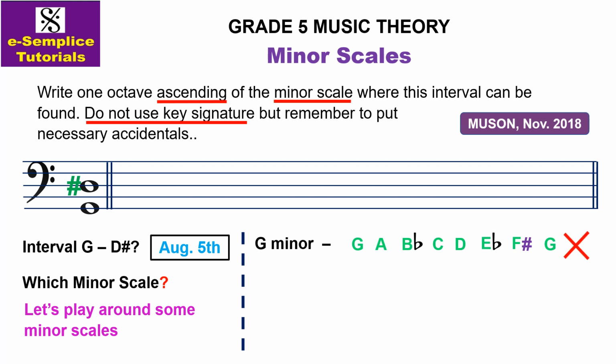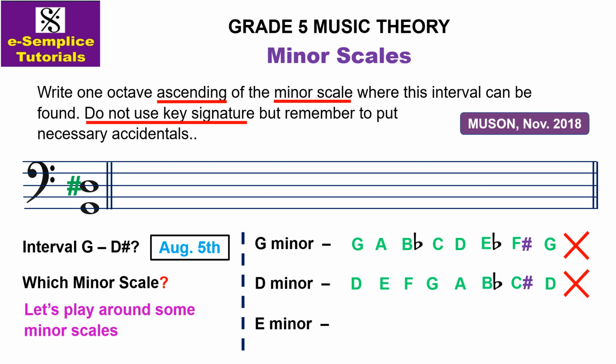Of course not. So this is a wrong guess. Well, I would like to try D minor. As usual, D to D, natural key signature accidental, and I'll raise the 7th note. Do I have G to D sharp here? Of course not. So it is also wrong.